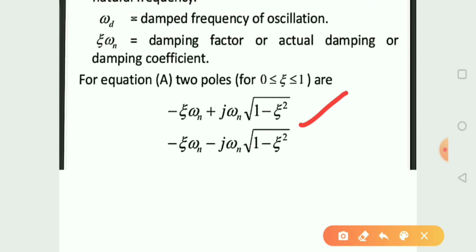These are the factors. So equation A has 2 poles, and these values hold for zeta lying between 0 and 1.